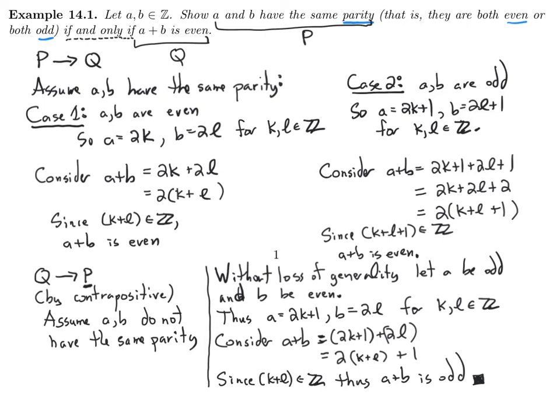And for this one, it made more sense to do the contrapositive. Again, you could try doing it directly. I think it'd be quite hard. But the contrapositive in this case seems a lot better. So we assume that they have different parity, and we show that the sum is not even, that it's odd.